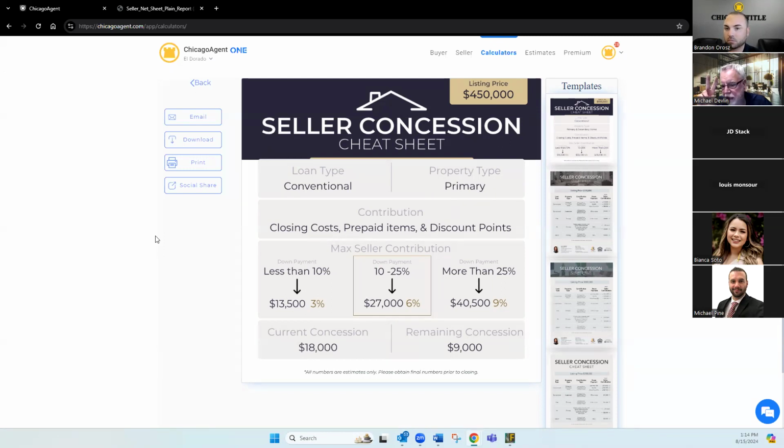Number two would be an interest rate buy down, where they pay points and those points lower the interest rate. But that's limited. You can't do 5 or that sort of thing. And number three would be a concession for compensation of the buyer's agent. So that could be in and of itself 2.5 or 3.